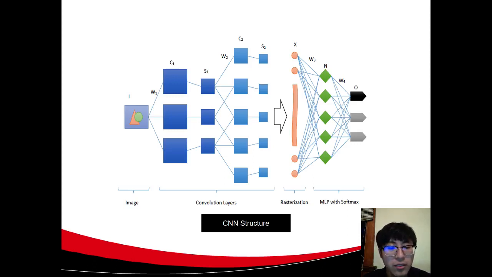Then you need to pool the feature map and repeat the previous procedures, which means there are two convolution layers. Then we fully connect the pooled feature map. For example, if the size of the feature map is 10 times 10 times 150, you will get a 1 times 15,000 feature vector. And in the softmax layer, you will get the probability of your result.